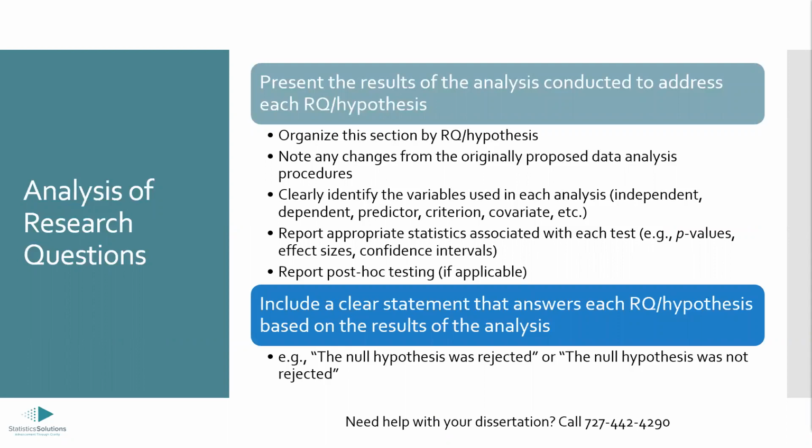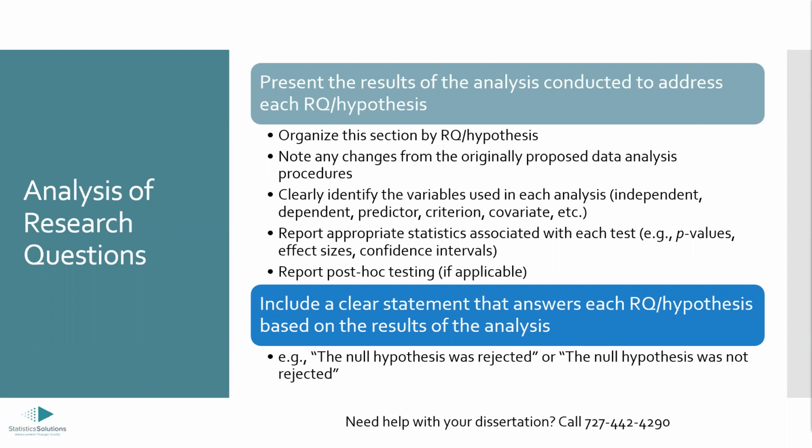After you have presented all your assumptions, it's time to finally present the results of the analyses for your research questions. And you'll want to organize this information by research question. You can just have subheadings in your results chapter for each research question or hypothesis, and then go through those in order.